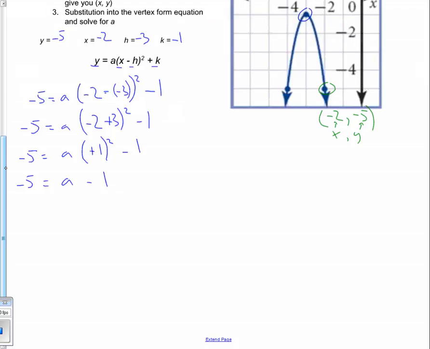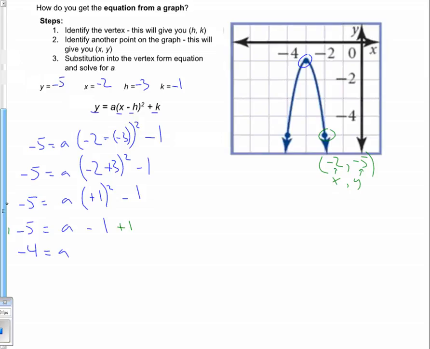And now I need to get a all by itself, which means I have to add 1 to both sides. And so if I add 1 to both sides, then what ends up happening is I discover that a is equal to -4.